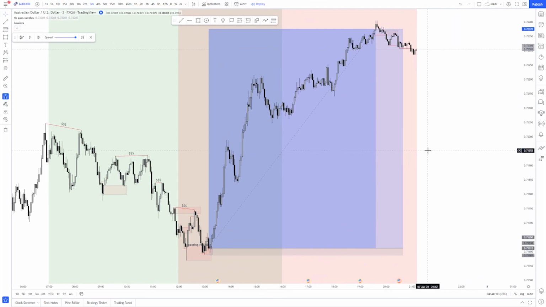Now I couldn't see the setup available in GU, NU and EU, but of course it expressed itself in AU. So from time to time, because these are like the only pairs that I trade, try as much as you can to compare these four currency pairs, and you definitely see something that fits your style of trading.